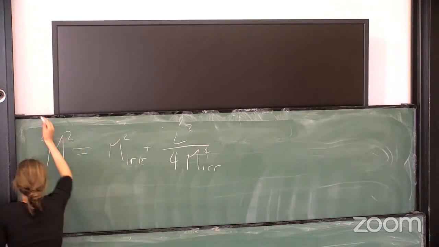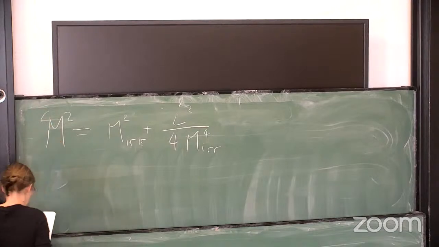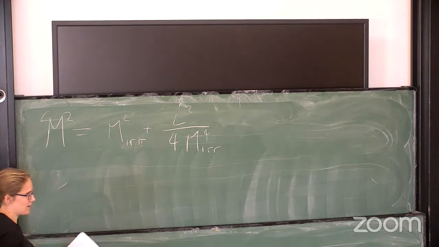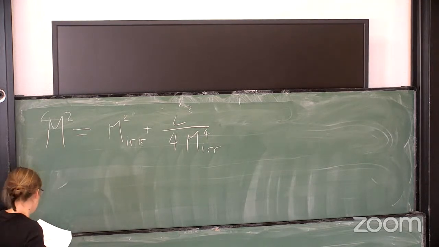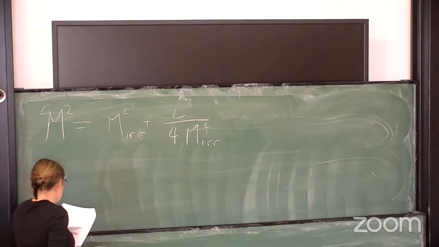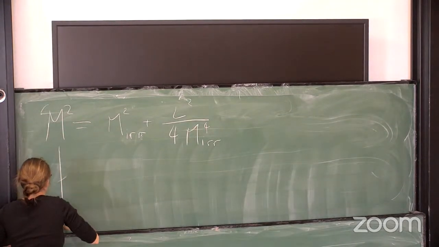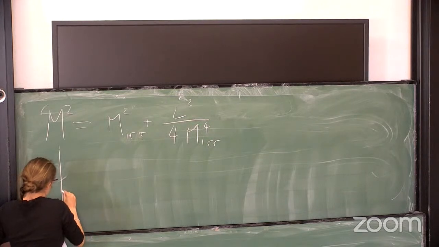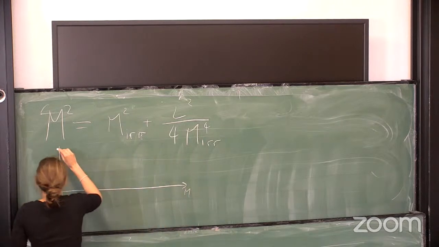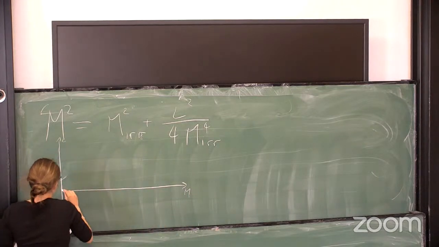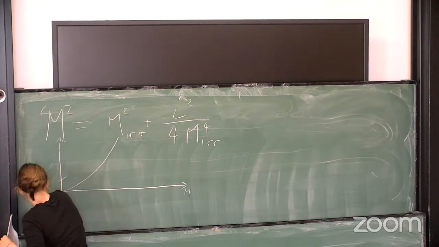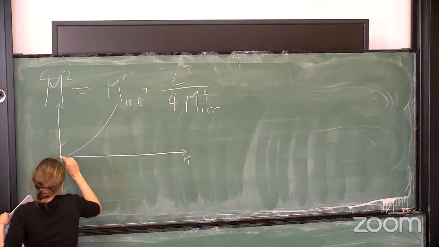So maybe it's useful to show which states you can reach in state space, which has here the mass, and here the angular momentum, and then we have this restriction, which gives me two parabolas that I can't reach.